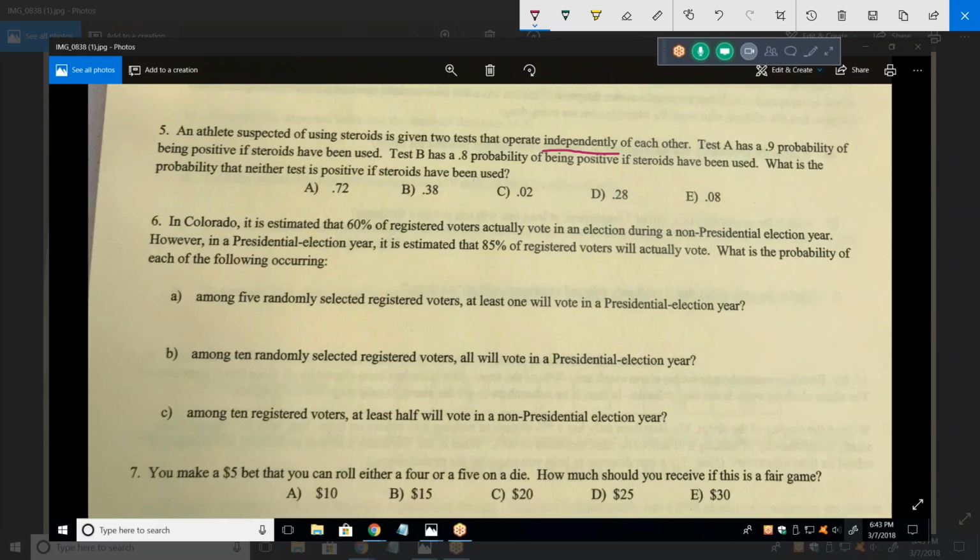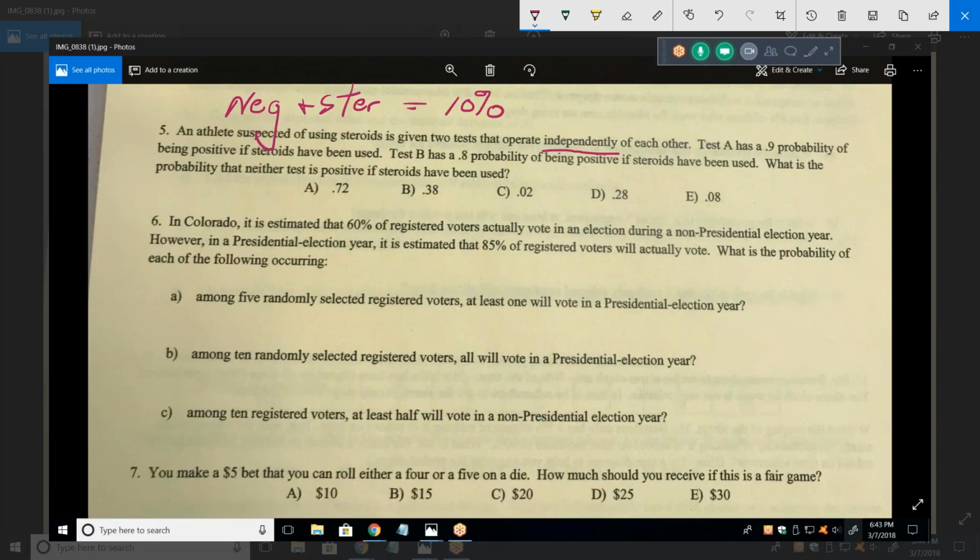Test A has a 90% probability of being positive if steroids have been used. That means it has what percent probability of being negative if steroids have been used? 10%. So negative and steroid equals 10%.